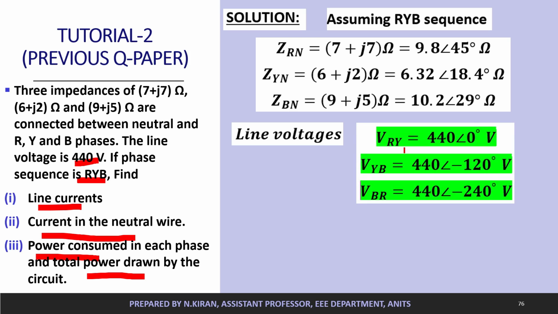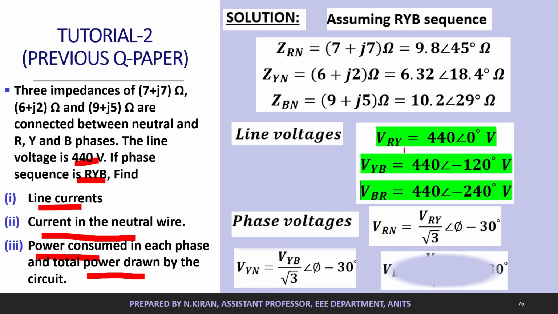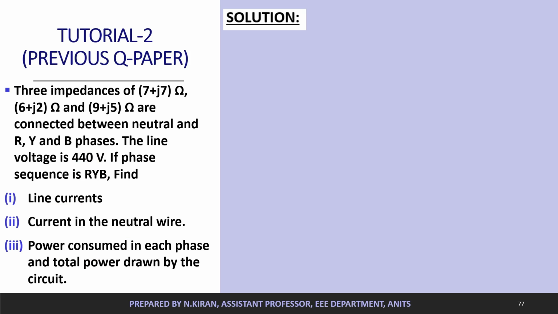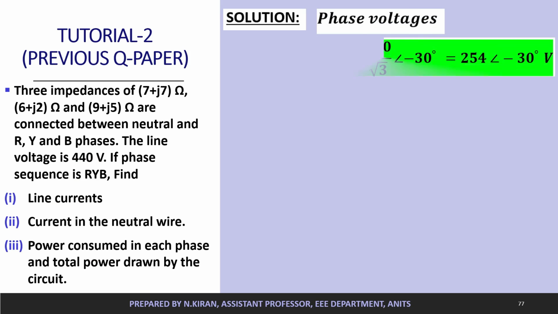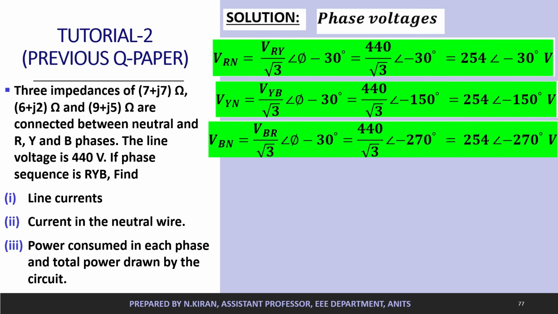Since this is a star connected system, the magnitude of phase voltage is 1 by root 3 times the magnitude of line voltage, and every phase voltage lags behind by 30 degrees from the respective line voltage. So therefore, by this we calculate the values of phase voltages VRN, VYN as well as VBN.